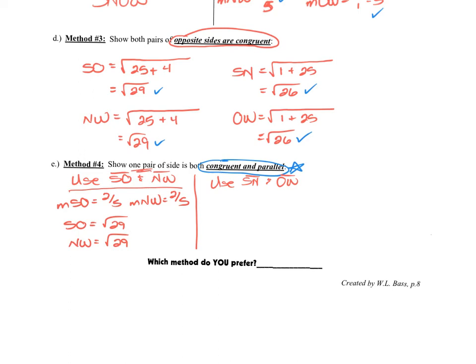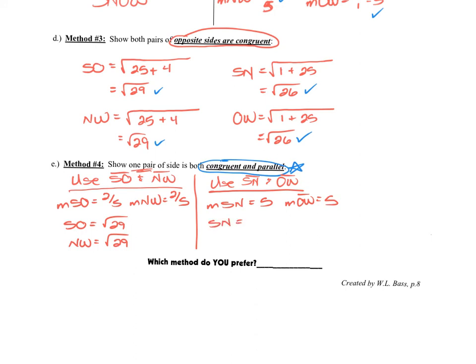Now, you could also use the other set of sides. It doesn't matter, but remember, you're not going to do all of this. So if you were doing these, you would do the slope of SN, and if you calculated that, as we did up above, you'd get a 5. You would do the slope of OW, and as we did up above, you would get that to be a 5. Then you would calculate the length of SN.